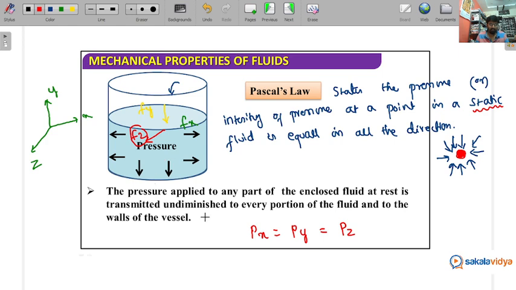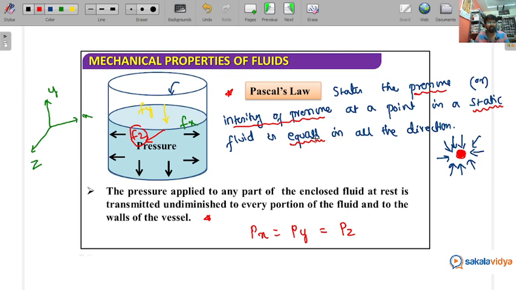So if you are finding difficulty in this definition, you just try to remember it. What is Pascal's law? Pascal's law states that the pressure or intensity of pressure at a point, when the fluid is static, at rest or stationary, is equal in all the directions.